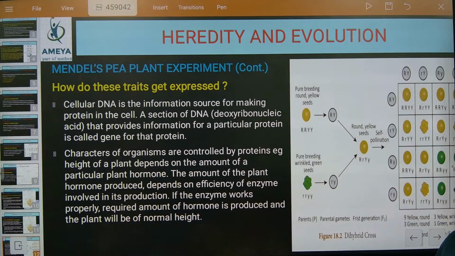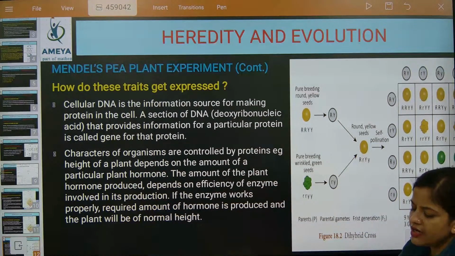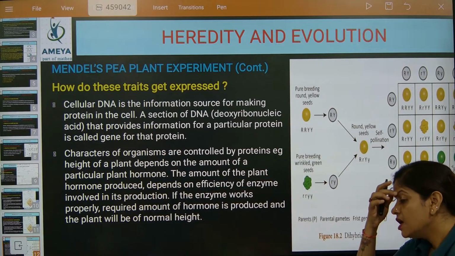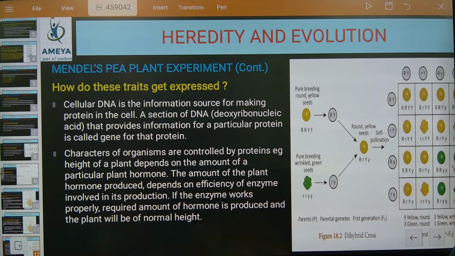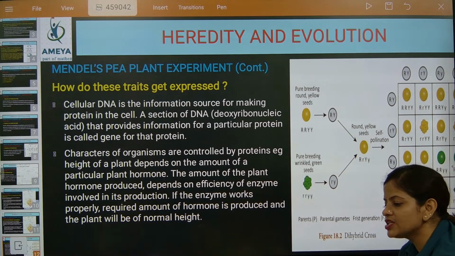The main thing responsible for expression of a trait is what, beta? Cellular DNA. So cellular DNA is the information source for making protein in the cell, because information has to be transmitted now. Information has to be passed on.